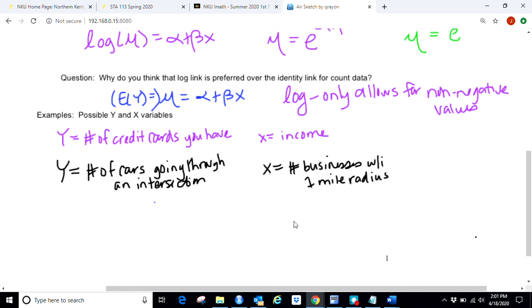For another one, maybe let y be the number of arrests in a city during a week.